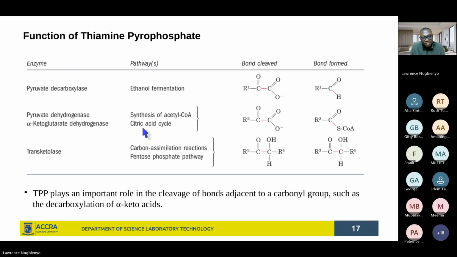You see the alpha-ketoglutarate is an intermediate in the TCA cycle. It means a similar reaction, the breakdown of the bond between carbonyl groups. Now, we also see transketolase.